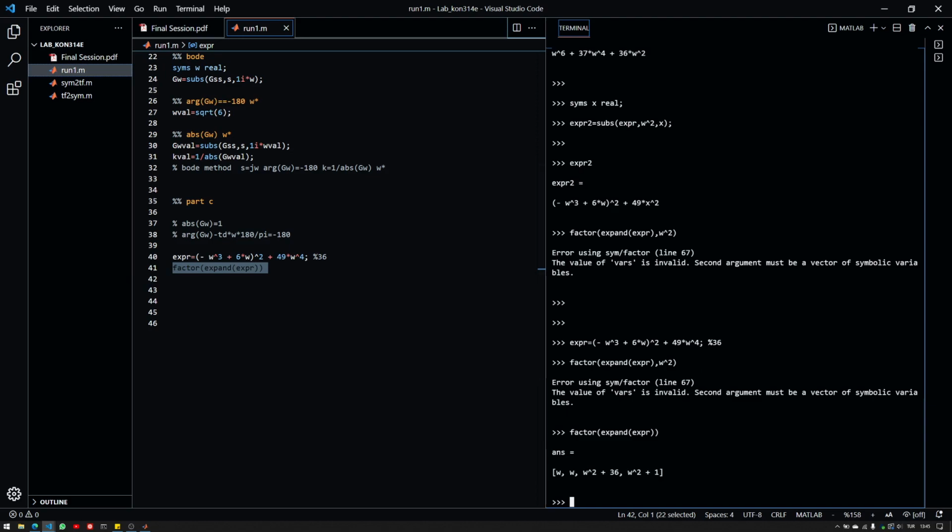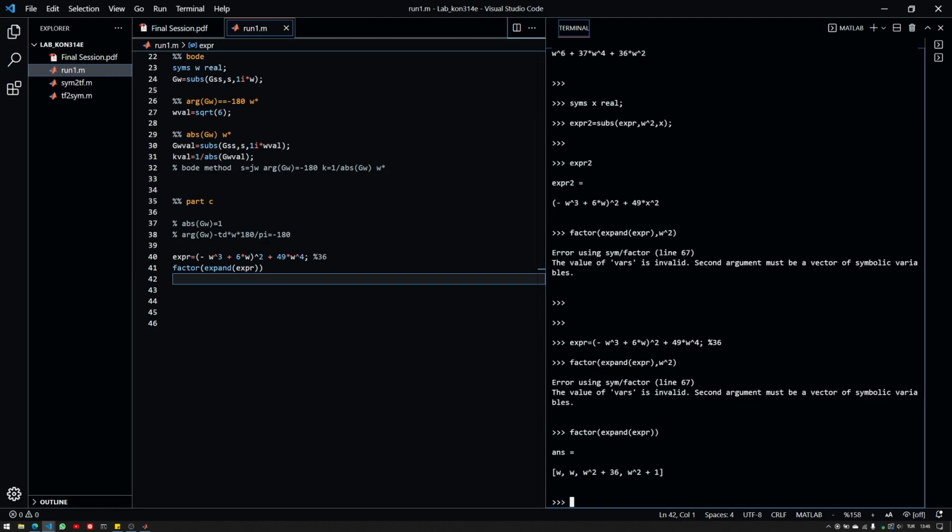Yeah, we can now see that we have basically omega times omega times omega squared plus 36 times omega squared plus 1, which basically resembles the root locus distance condition, if you think about it.